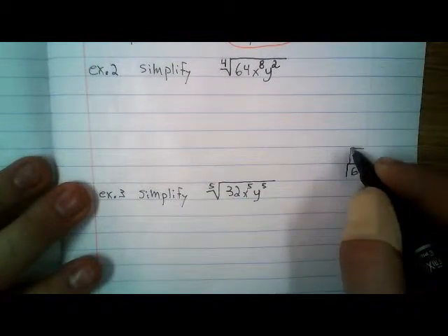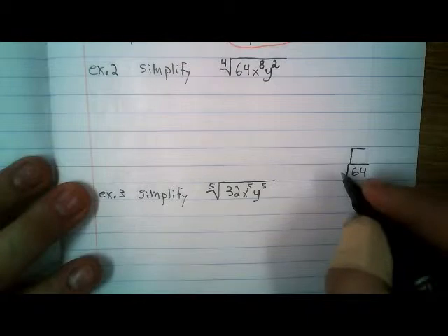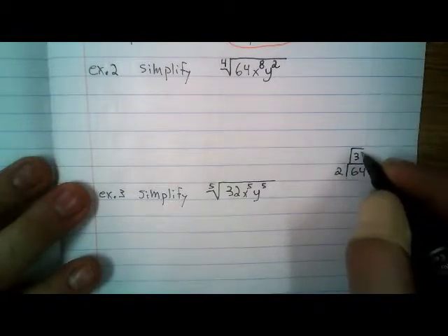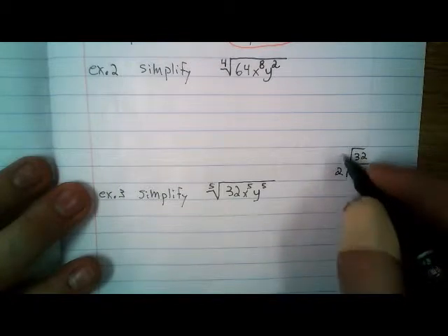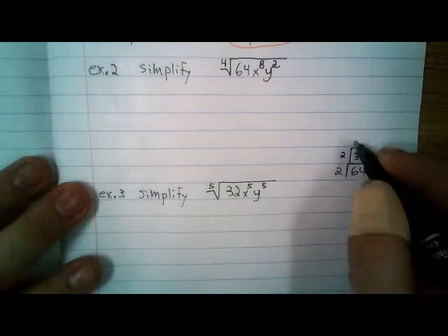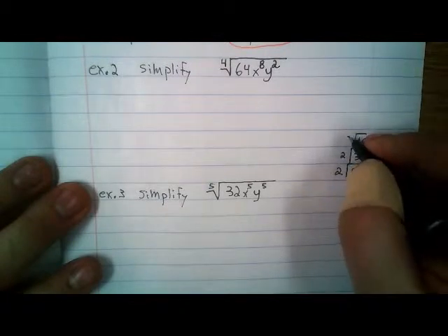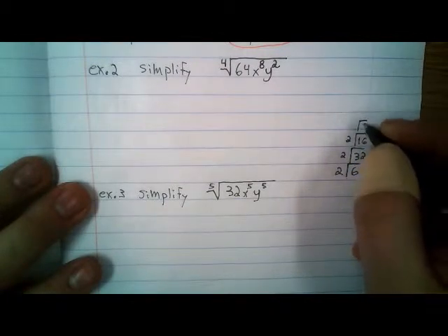Prime number that goes into 64, it is even, so I know 2 goes in, and it goes in 32 times. Another even number gives me 16. Another even number gives me 8.